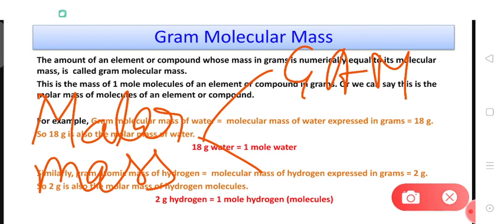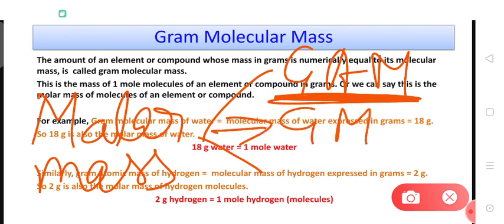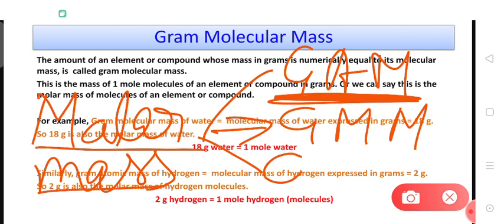If there is 1 mole of atoms, then this molar mass will be calculated by gram atomic mass. If the substance exists in the form of molecules, then the molar mass will be equal to gram molecular mass. Means if we are talking about the mole of molecules, then the molar mass will be equal to gram molecular mass. In the same way, if we talk about an ionic compound, then the molar mass will be equal to gram formula mass.